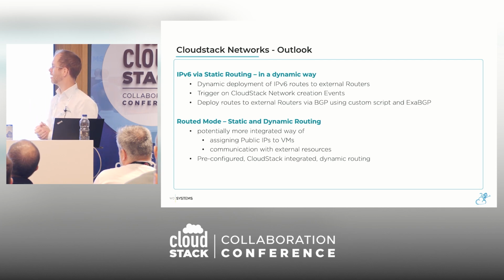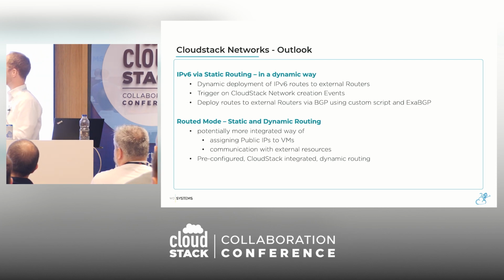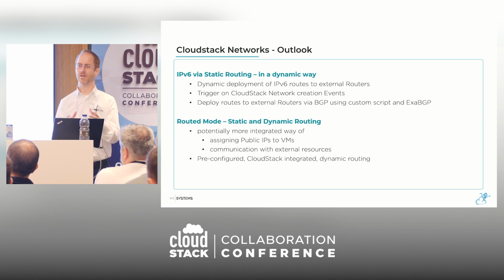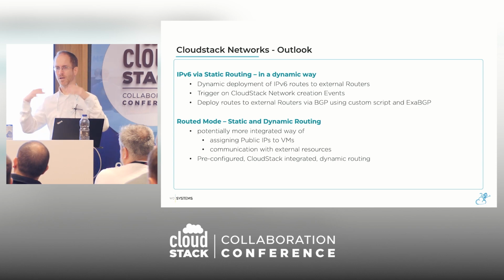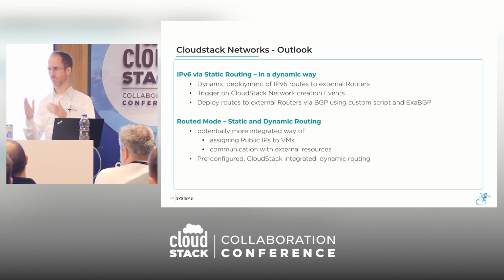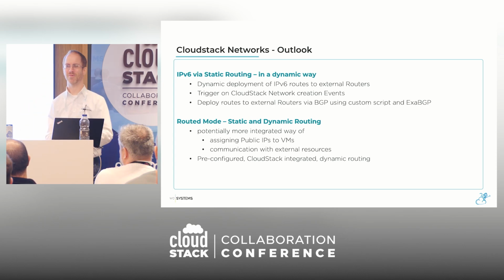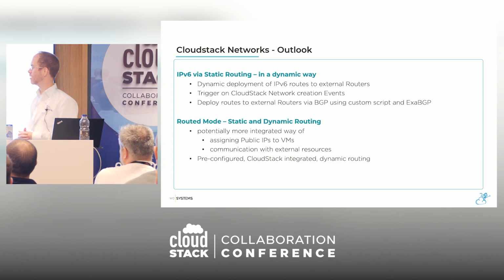In that case, we would trigger on CloudStack network creation events, feed that into a Python script, and then feed that into ExaBGP, and then announce those IPv6 routes, those /48, to our external router using BGP, which is a very safe way. But now things might change with this new feature, the routed mode, the static and dynamic routed mode.